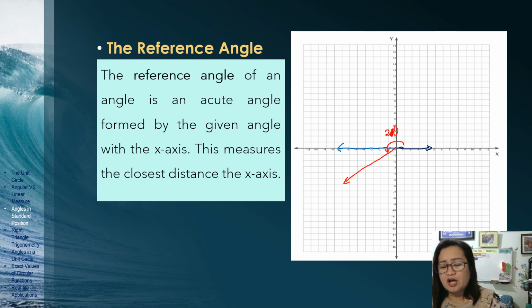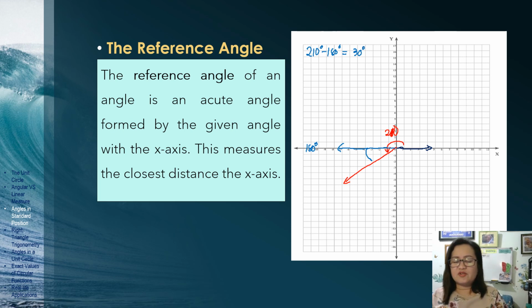The angle formed by the terminal side and the x-axis would be the reference angle of 210. If this is 180 and this is 210, we can just subtract 210 degrees minus 180 degrees. You have 30 degrees. So the reference angle of 210 degrees is 30 degrees.